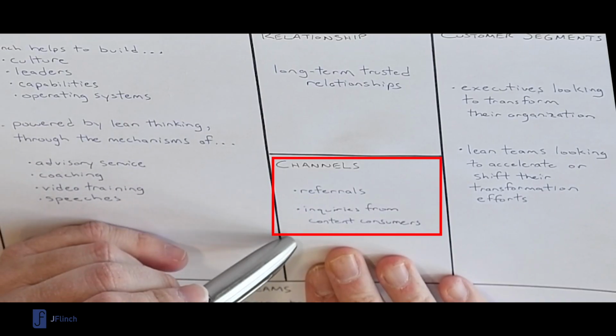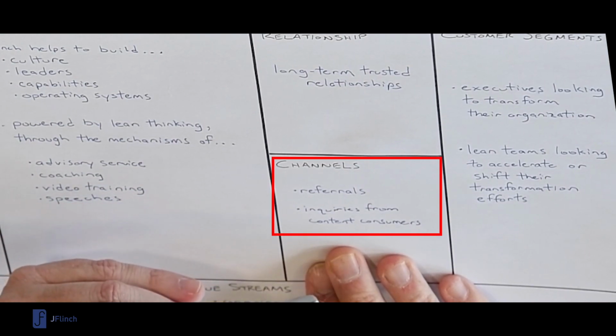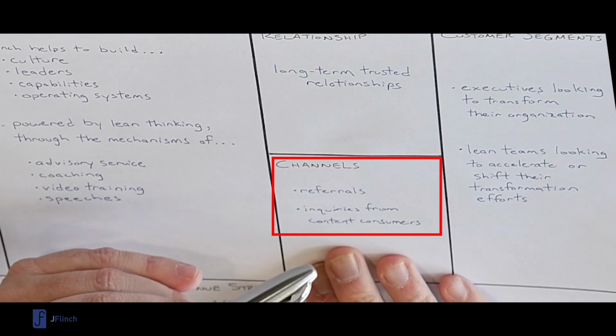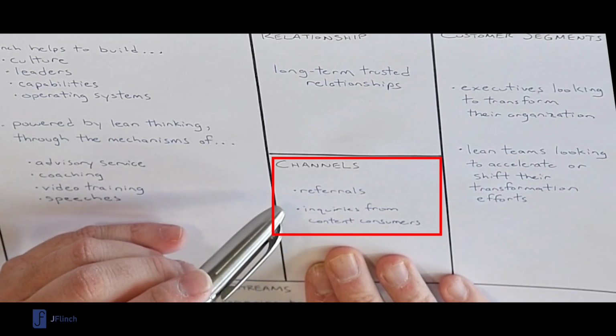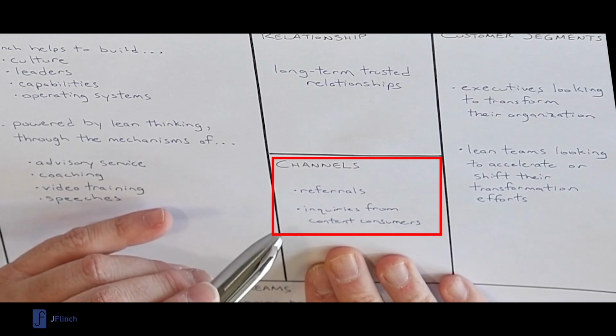Then we look at the channels. How do we actually reach the market? And again, I'm not very market-driven, I'm more of a value-driven perspective, and so I perhaps spend the least time thinking about my channels and managing them, and that's perhaps an opportunity, which is the type of thing we want to find when we look at our business model canvas, looking at where we have strengths and weaknesses.